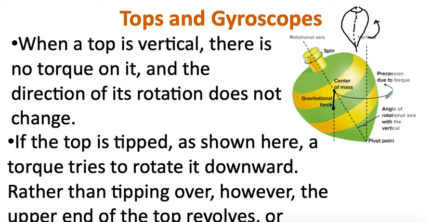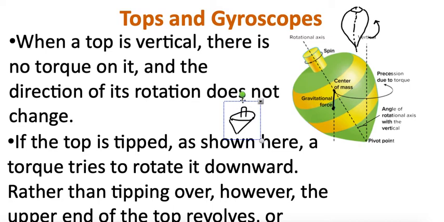If you haven't seen a top do this, then I would suggest going to YouTube and watching a video. But as soon as the top starts to veer a little bit, so let's draw a basic top, as soon as that top starts to veer a little from its axis, say it turns a little bit like that, then that axis just keeps getting larger and larger because more and more torque is pulling down on it from gravity.